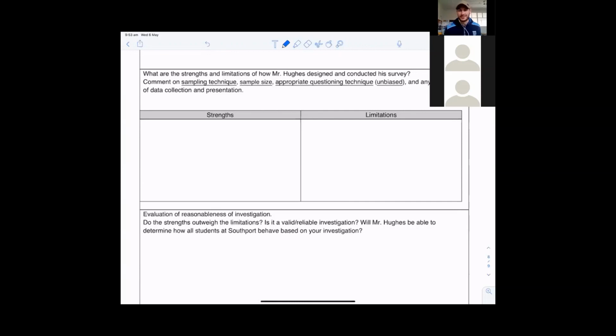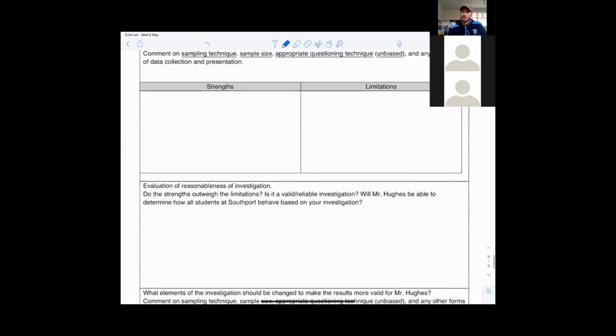That doesn't mean anything to me because I don't understand why you think it's a strength. I need you to write in strengths if you believe it is a strength. I'm not saying it is, but if you believe sample size was a strength, you write sample size in the strengths column and then explain to me why that's a strength. Or if it's a limitation, you write it in the limitations column, sample size, and you explain to me why it's a limitation. That's key, okay?